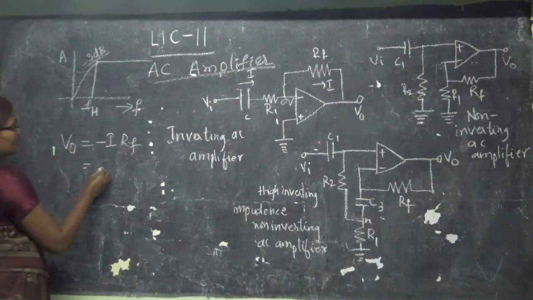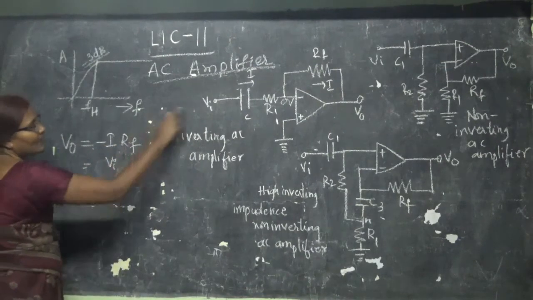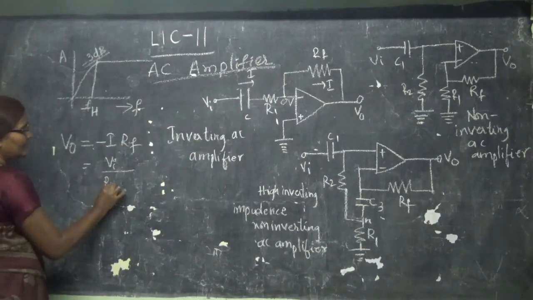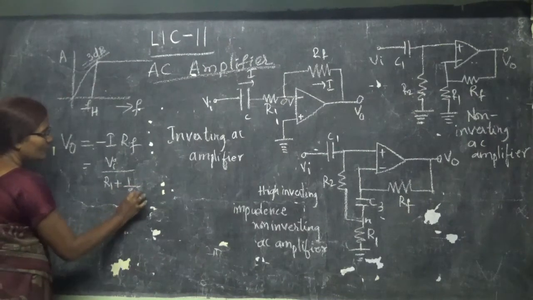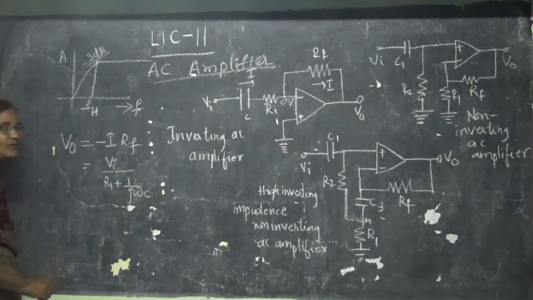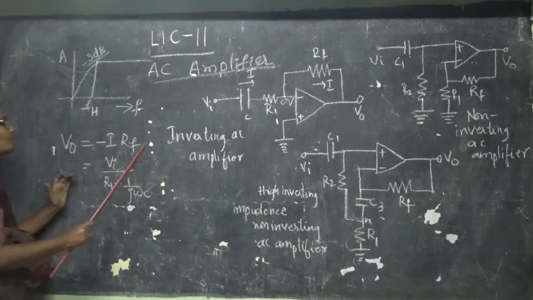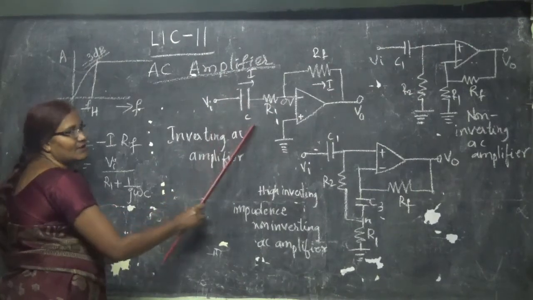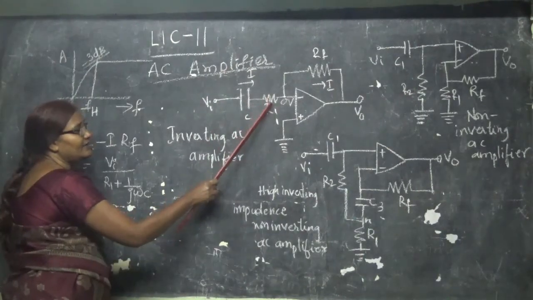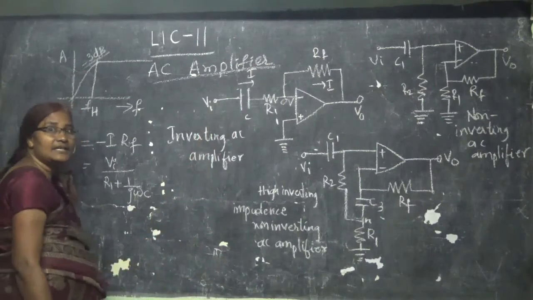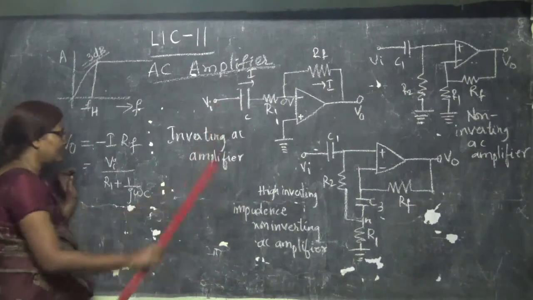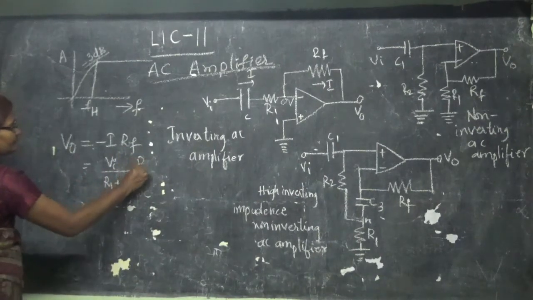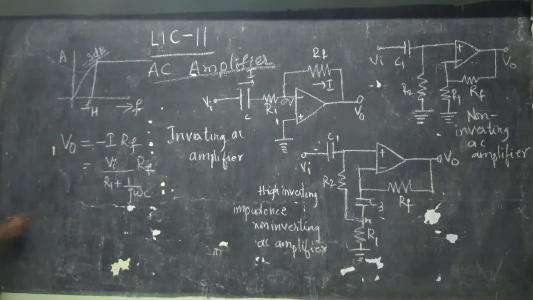I is going to be VI minus 0 divided by R1 plus 1 by j omega C. That is the voltage difference divided by total resistance. Here the resistor will have a resistance, and the capacitor will have a resistance which is called reactance. That reactance is going to be 1 by j omega C, into RF. So what is my gain?